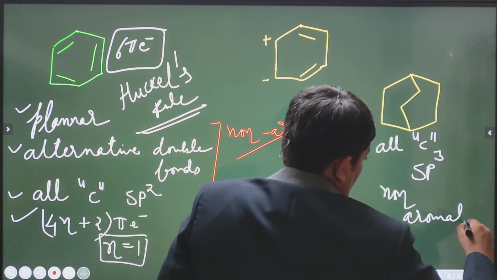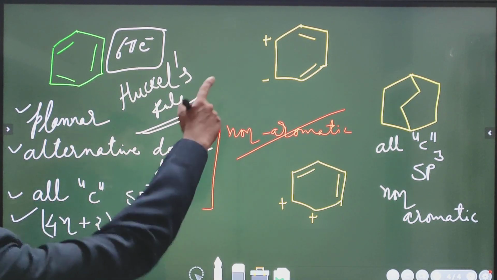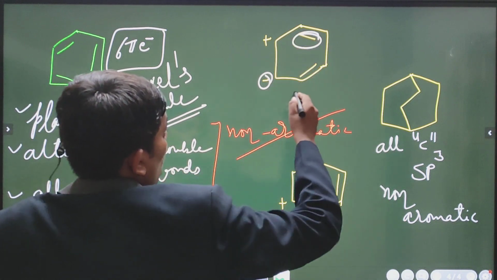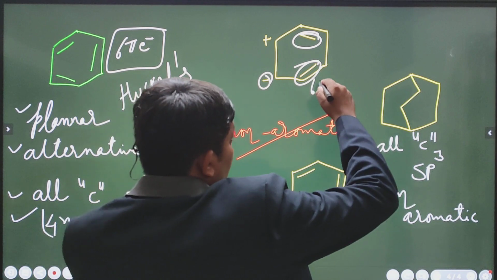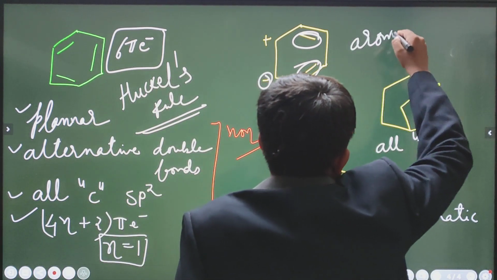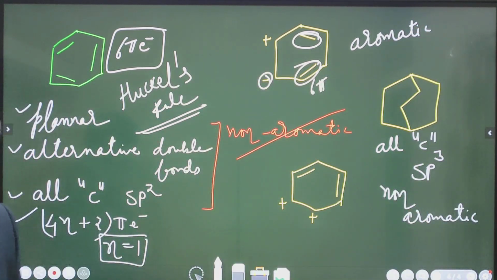We will directly write it as anti-aromatic. But for this structure, it is 2 pi, 4 pi, 6 pi. And whenever the answer is 6 pi, we will directly mention it as aromatic.